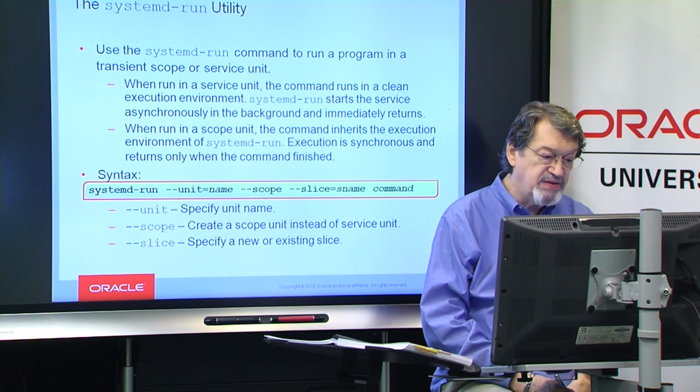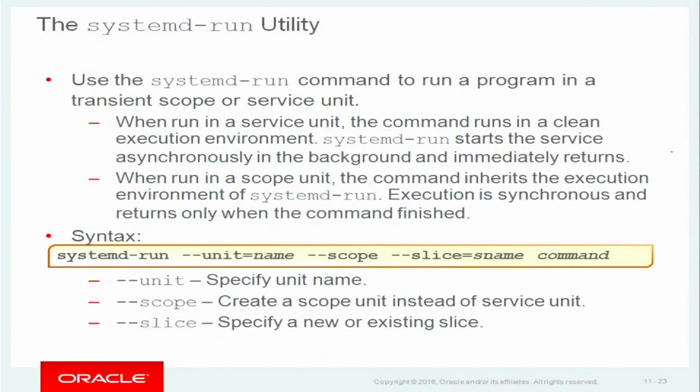Lastly, there's a systemd-run command. And the intent with systemd-run is to run a particular program in a transient scope or service unit. When run in a service unit, the command runs in a clean execution environment.